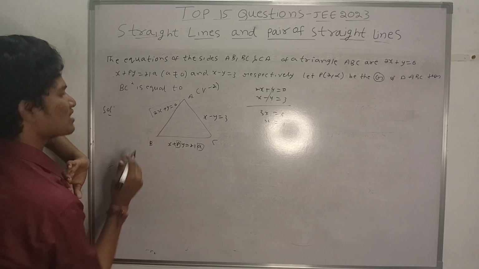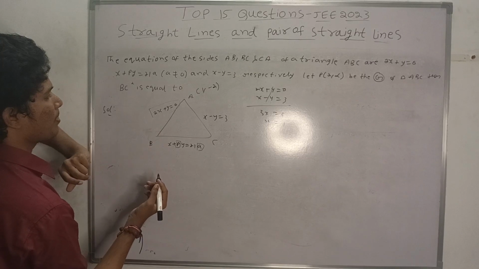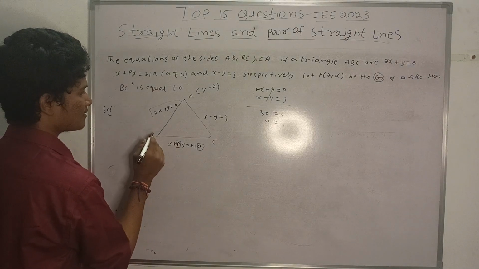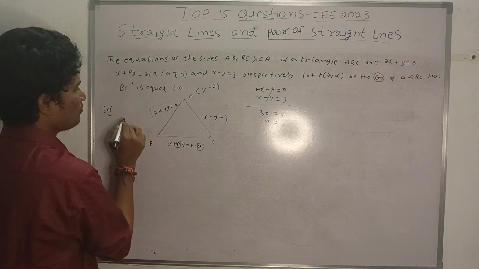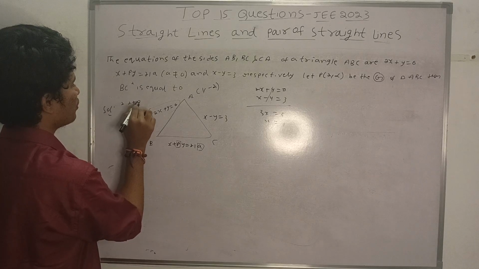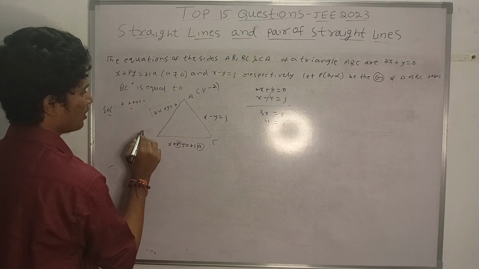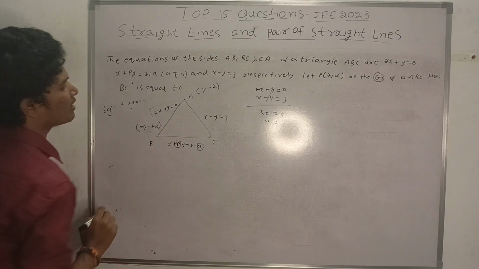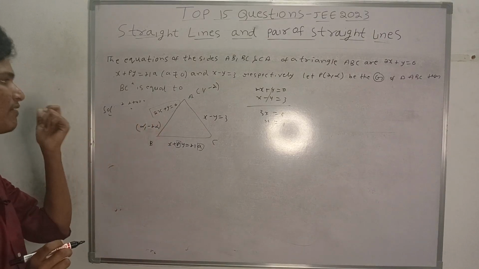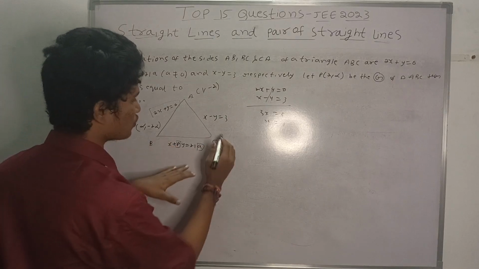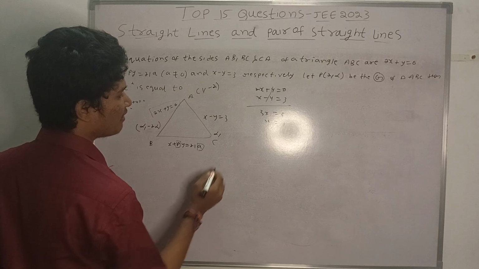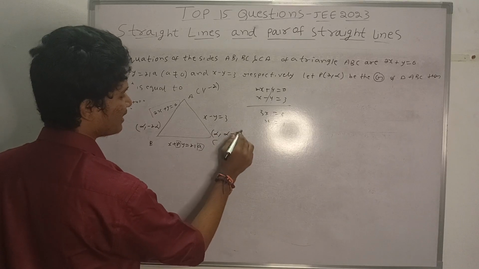Suppose I assume x as alpha. Anything you can assume. If I assume alpha as x, 2 alpha plus y equal to 0, y equal to minus 2 alpha. That is x as alpha, y as minus 2 alpha. And here also, I can assume a parametric coordinate. Suppose x is beta, y equal to beta minus 3.